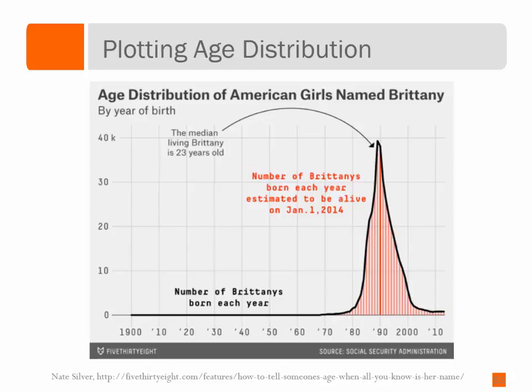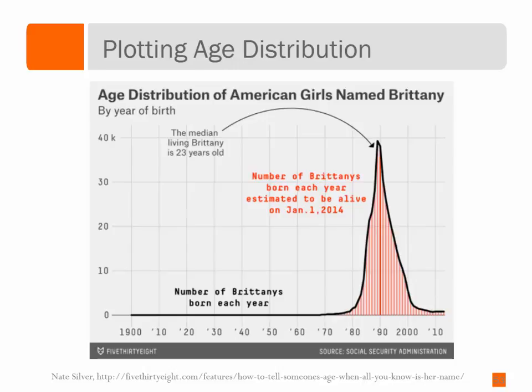And so what you'll see here is a distribution. If we look here at the peak, the median living Brittany is, let's say, 23 years old, I would guess now. So if that's 1990, might be 27 years old or 30 years old.